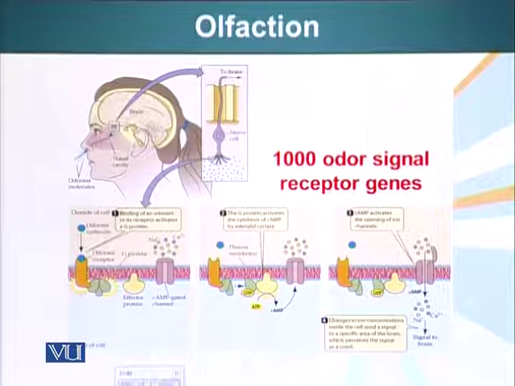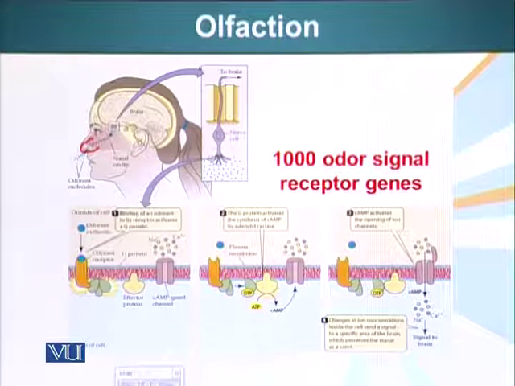So we have neurons that terminate in our nose right here. The tips of these neurons have special receptors. Mice have about 1,000 different receptors for specific odor molecules. So when an odor molecule binds these G protein coupled receptors, the receptor of course has a conformational change like we have seen before.